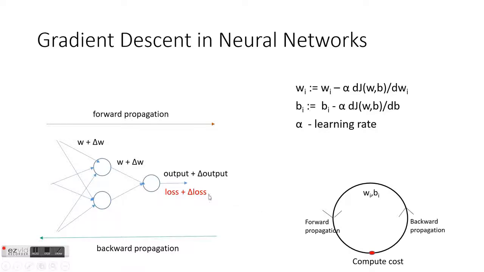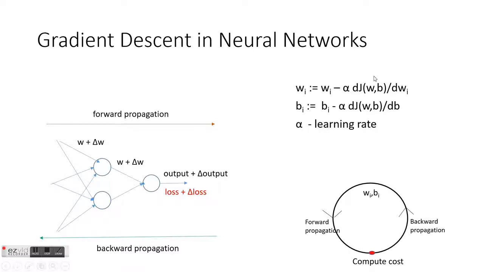And this is done by this process known as gradient descent, where we start with some initial value of the weights Wi and Bi. We do one cycle of our propagation, that is we compute the linear activation, then we go through all the activation units, we compute the loss, and we know the cost is basically the average of the loss over all the training samples. So once we compute the total cost, we try to compute the gradient of the cost with respect to the weights and bias through a method of backward propagation.